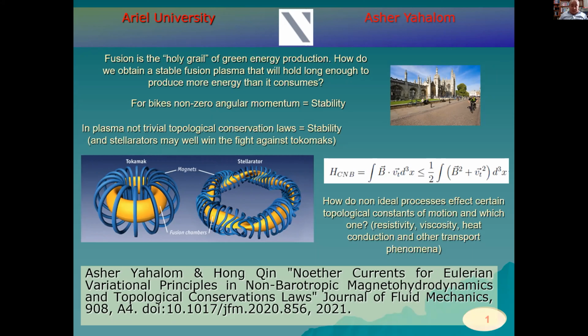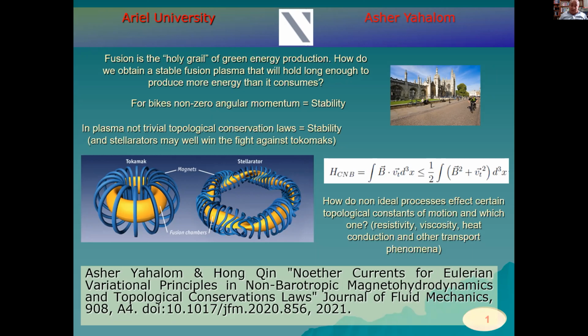In plasmas, you have non-trivial topological conservation laws, which also cause stability. And that may be the reason why stellarators are going to win the fight against tokamaks. Hong Kim and myself described several new topological constants in a recent paper this year. So you have the reference.